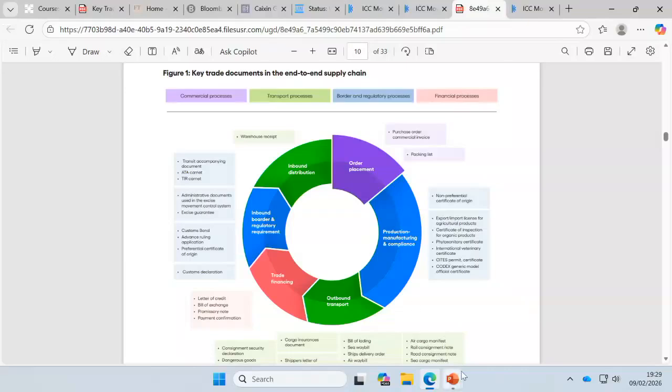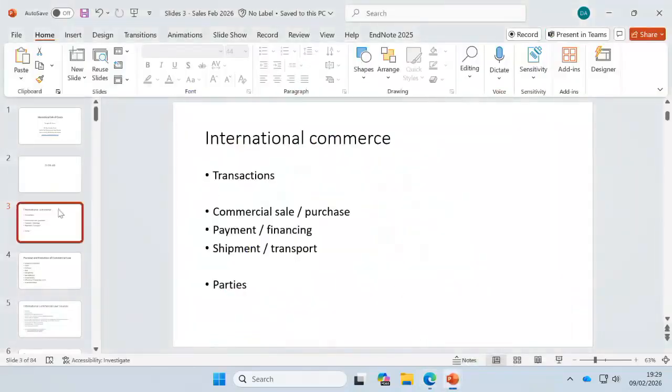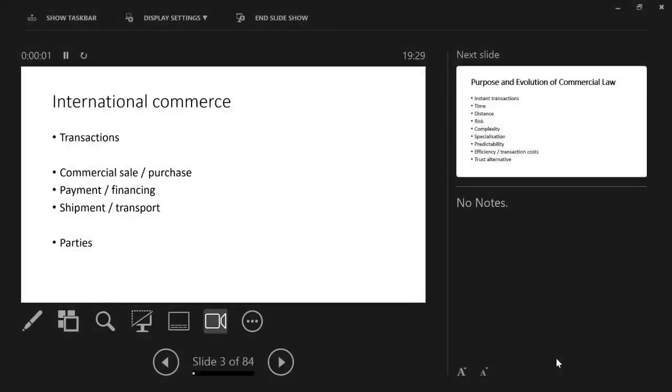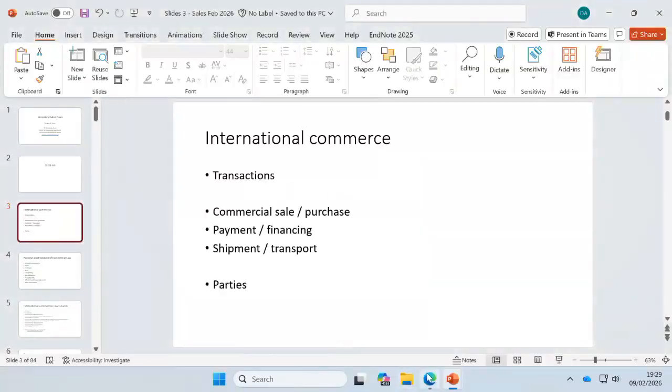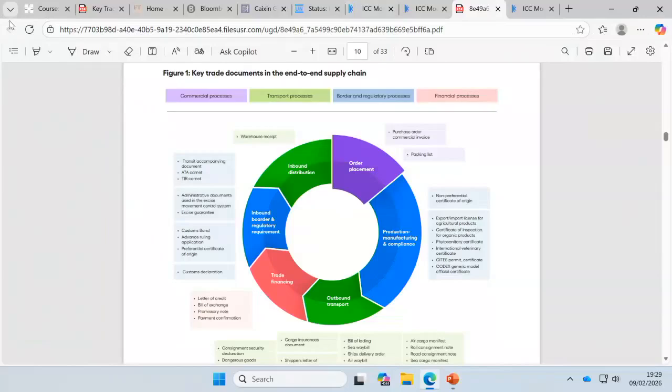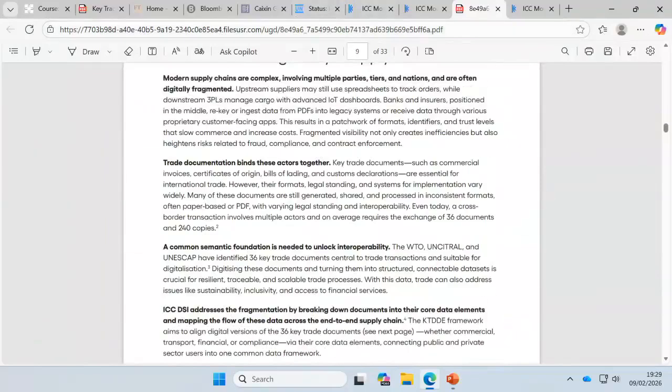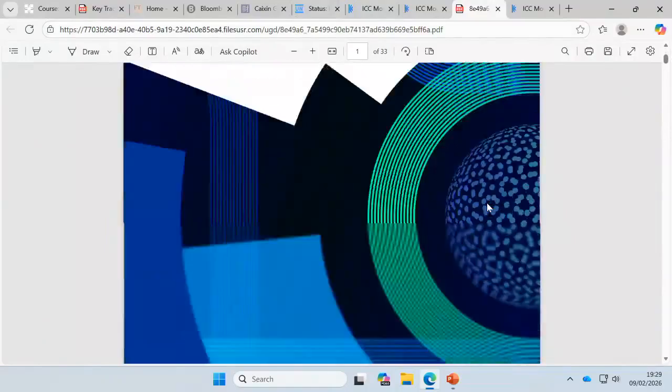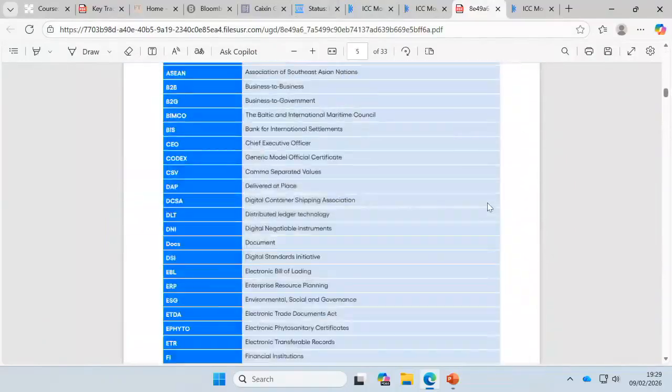So, back to this idea of the different pieces of our transaction, the different contracts, and the different parties. This is from this week's document, which is a roadmap for interoperability and trust.